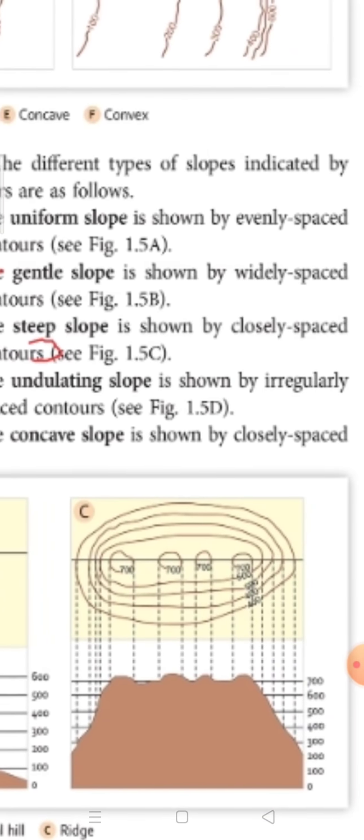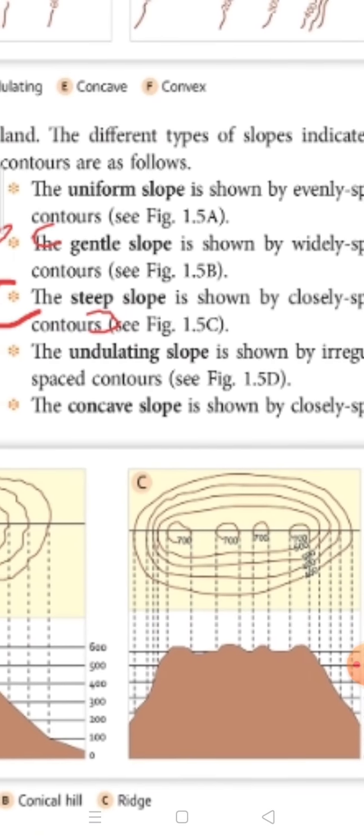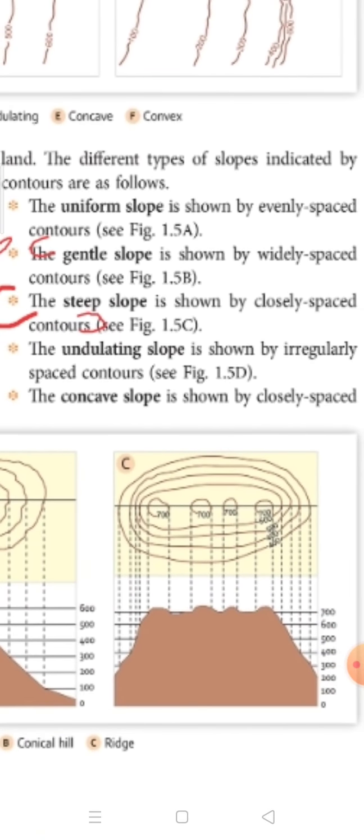The steep slope is shown by closely spaced contours.